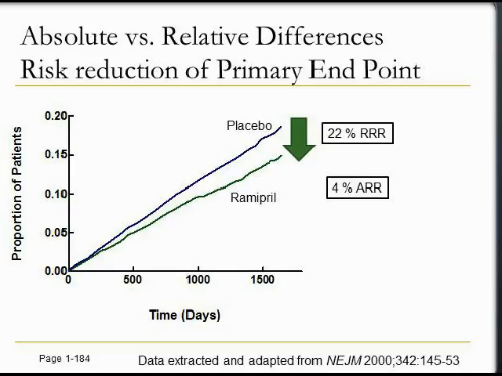Okay? In fact, that was a 4% absolute risk reduction, even though this big green bar seems to indicate a much more important reduction in risk. So we always want to look at both the absolute risk reduction as well as the relative risk reduction before we make conclusions about the importance of a clinical trial.